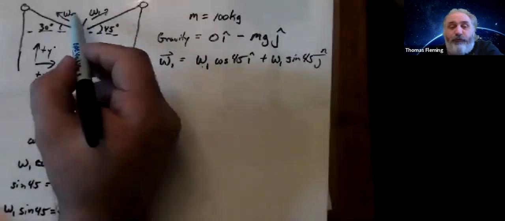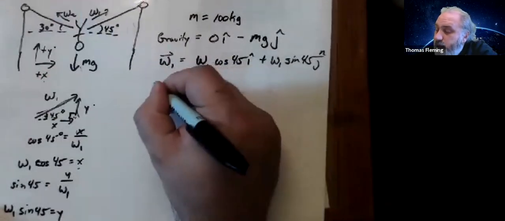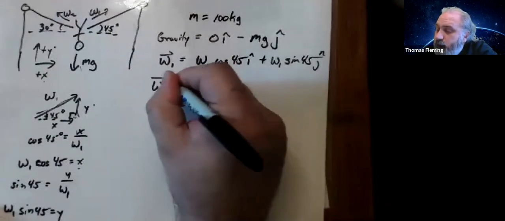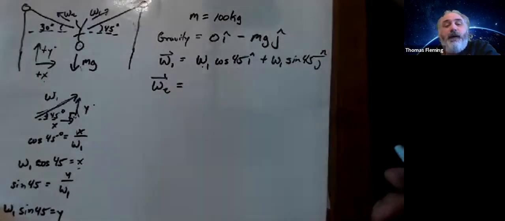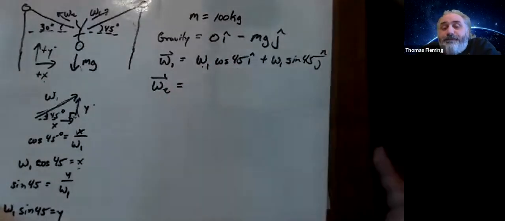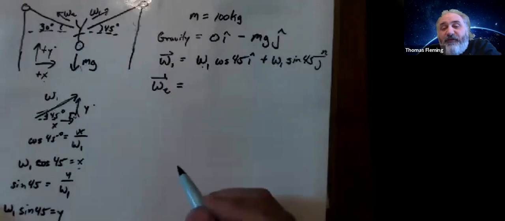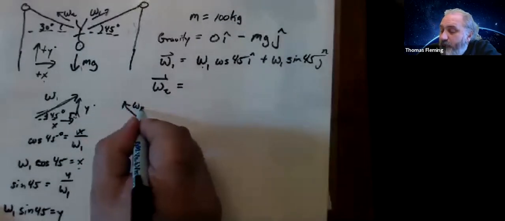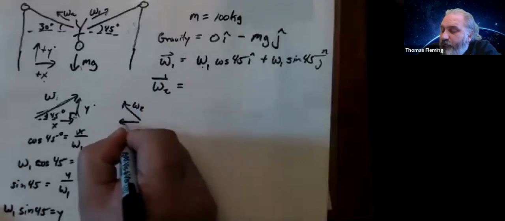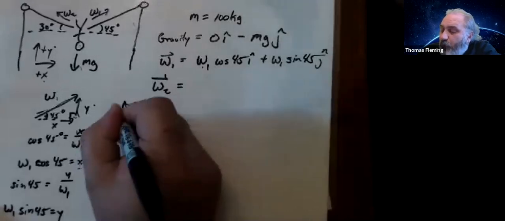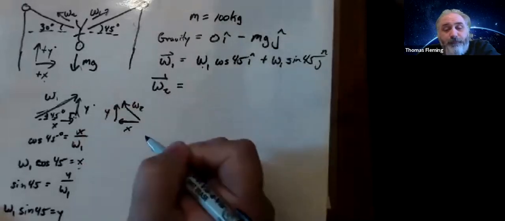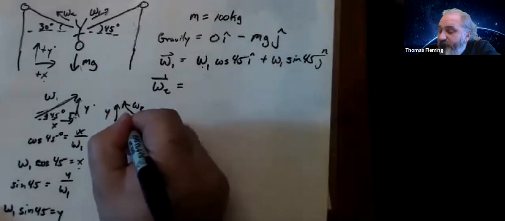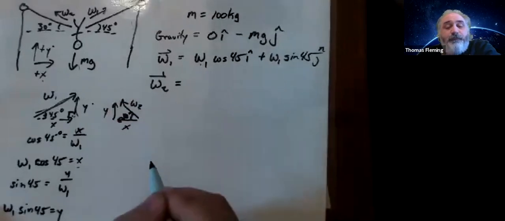Now, for W2, I'll do the same trick. And it'll work pretty much the exact same way, except that its x part is to the left, its y part is upward, and it makes a shallower angle.